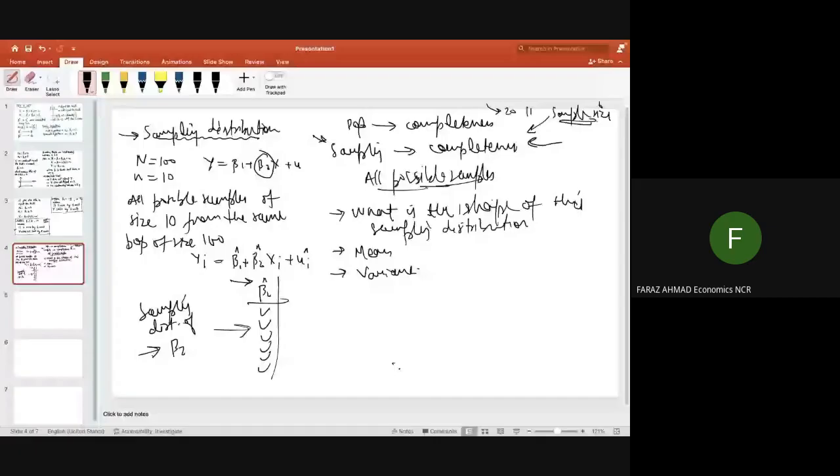Now, again, I'm not going to prove it, but the distribution which we will be concerned with here with regards to beta 2 hat and the population parameter beta 2, and also for all the regression parameters, beta 1, beta 2, beta 3, beta 4, whatever we have, is a t distribution, right?